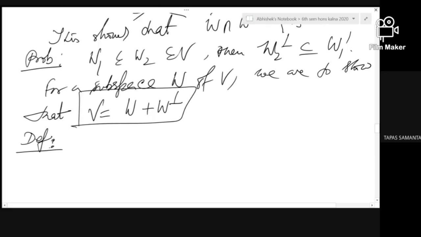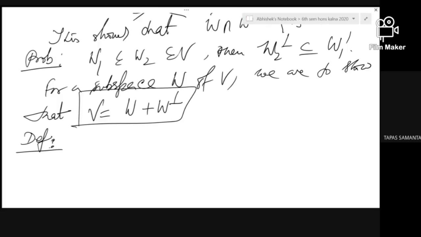Our aim is to show that given any linearly independent set, you can always construct a set whose vectors are orthogonal to each other and whose norms are 1.